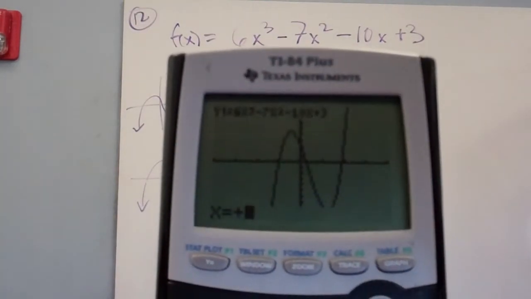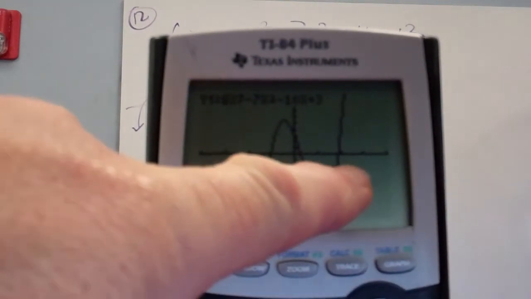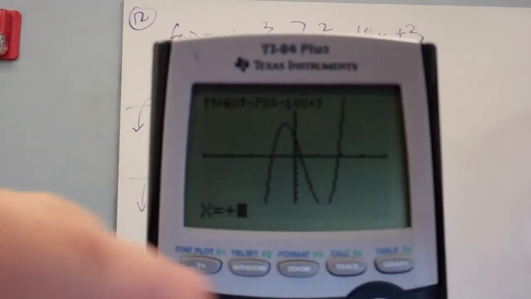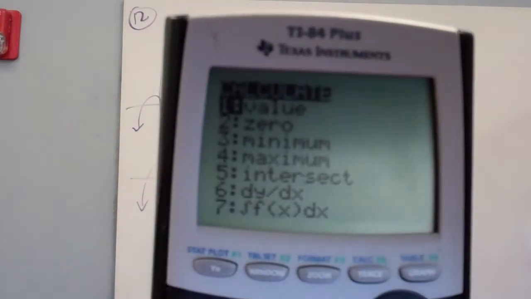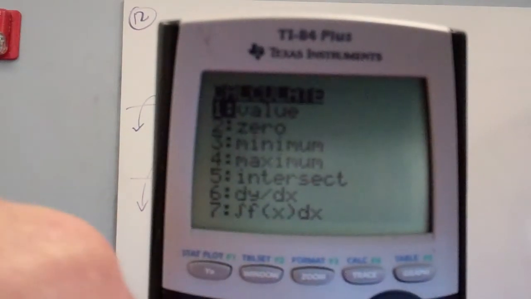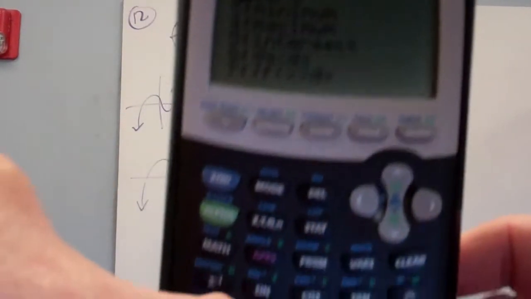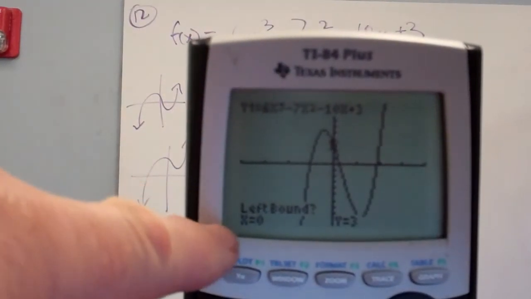And then for us to find the zeros, either there or there or there, we can use the second and trace button, which will take us to the calculate menu. And then we go to the zero function, so I can go down to 0 and then hit enter, or just press number 2. And then it wants a left hand bound, that's what it says there.